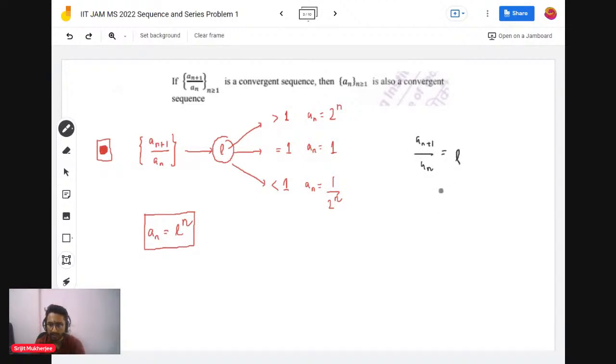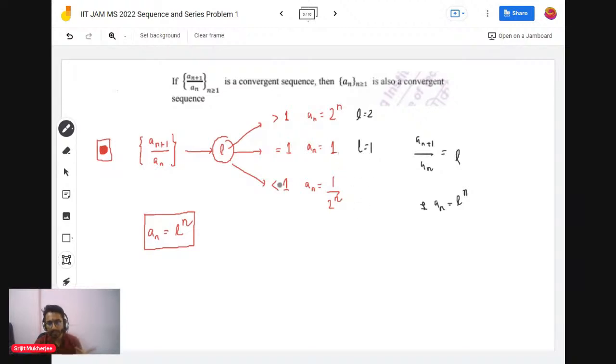Let that constant be L. So that will automatically give you that a_n is equal to L to the power n. Now if you take this series, you will see that a_{n+1}/a_n is a constant, and based on that constant, let's see how it behaves. If L is greater than 1, let's say L is equal to 2, then the limit will be 2 here, but a_n will diverge. If L is equal to 1, that is a_n is all 1, then the limit will also be 1.